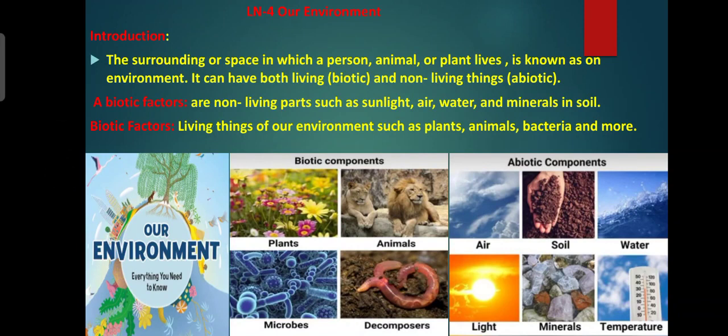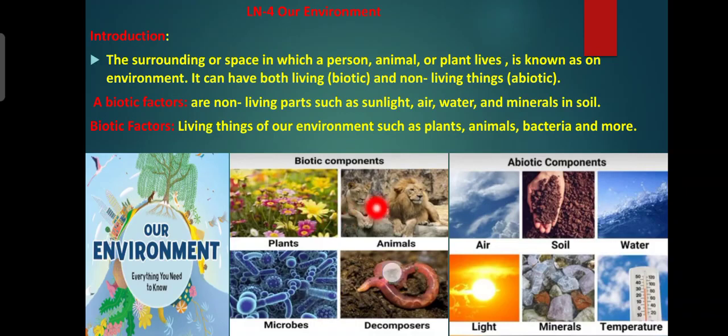It can have both living, biotic, and non-living things, abiotic. Now we are going to discuss biotic factors and abiotic factors. Abiotic factors are the non-living parts such as sunlight, air, water and minerals in soil.